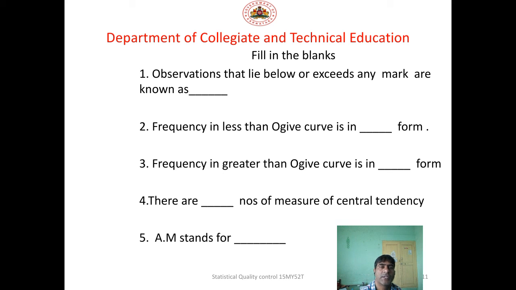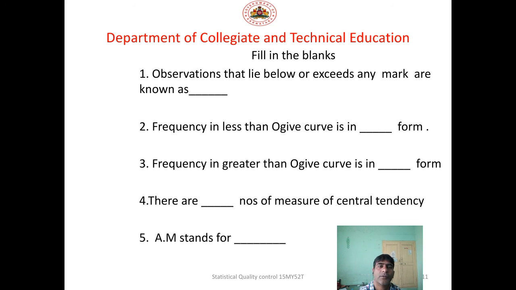Third question: the frequency in greater than Ogee curve is in dash form. Which type? It is in descending form. We'll be getting the highest number first, and then the numbers will decrease, so there we call it descending form.